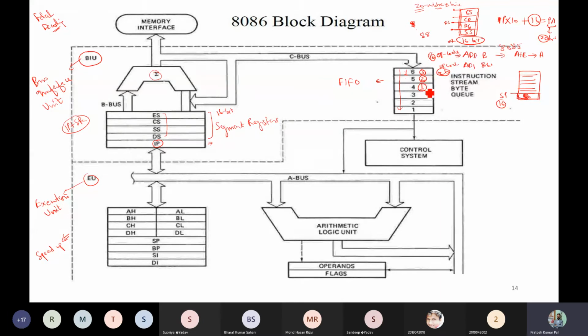Once further instructions are there, they will go downward and be stored into this instruction byte queue. Basically, this is first input, first output. Once it is stored here, the first byte of the opcode will be fetched, decoded, and executed by the execution unit.